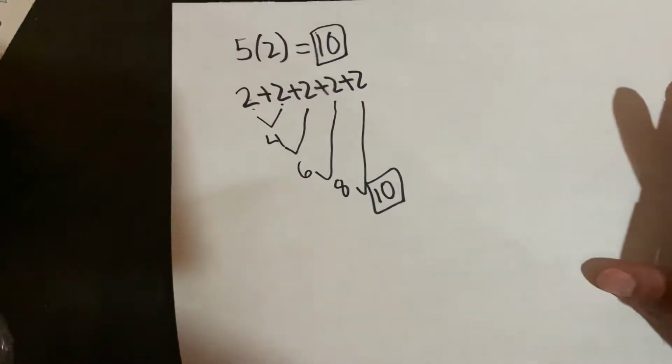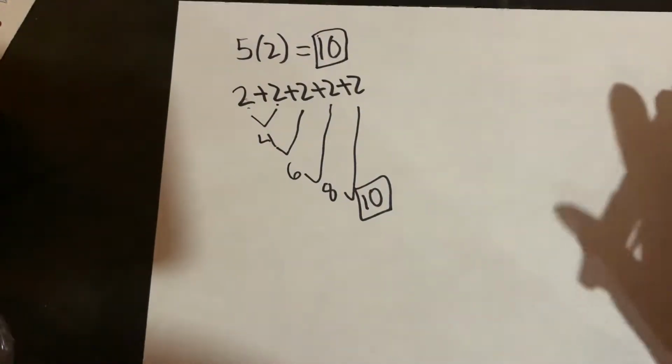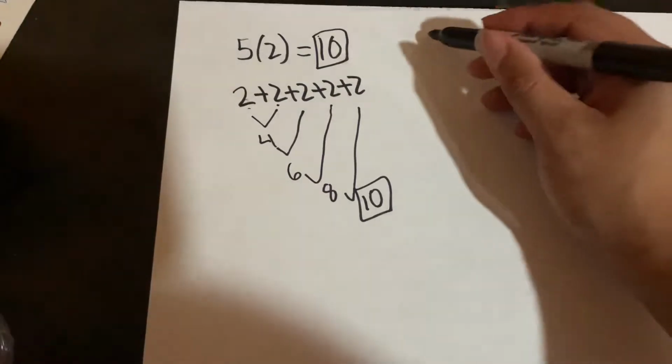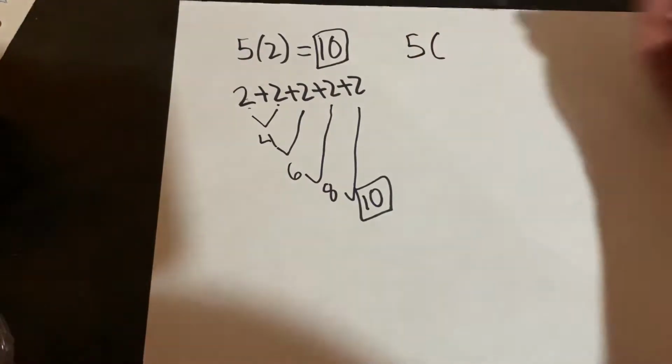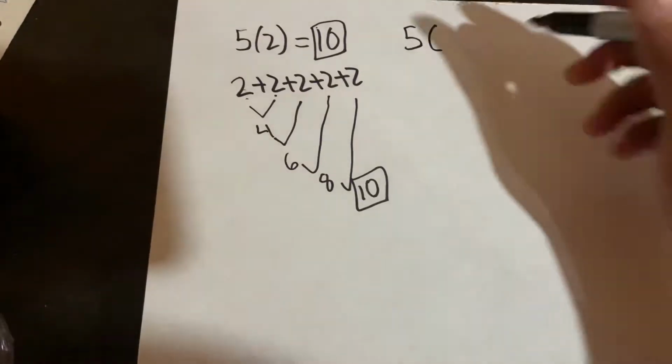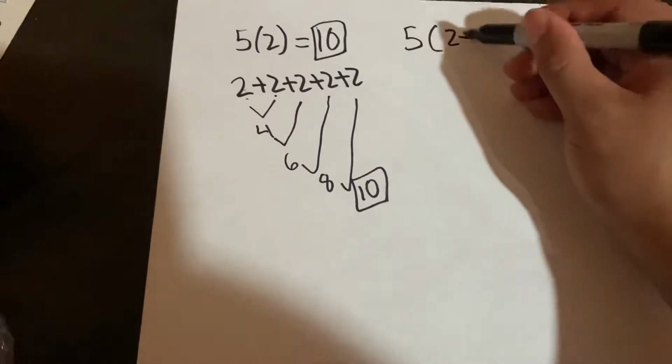But what if I have multiple things inside my parentheses? So let's say I have 5 times (2 plus 3).